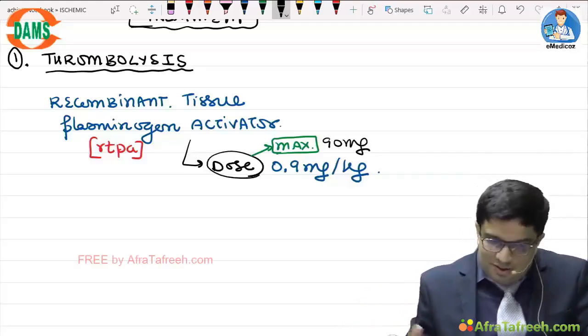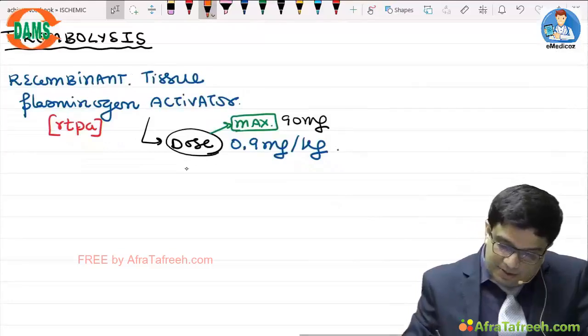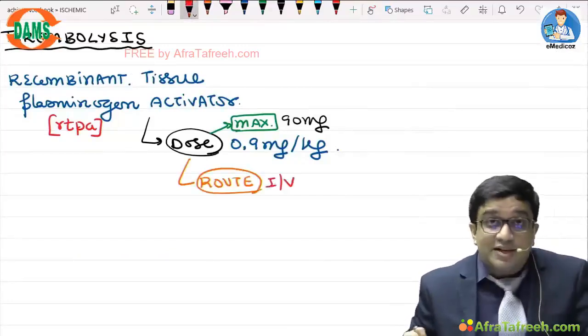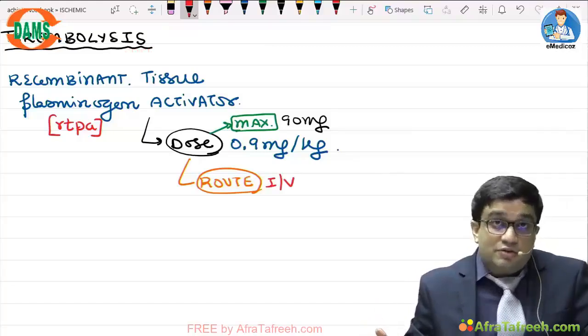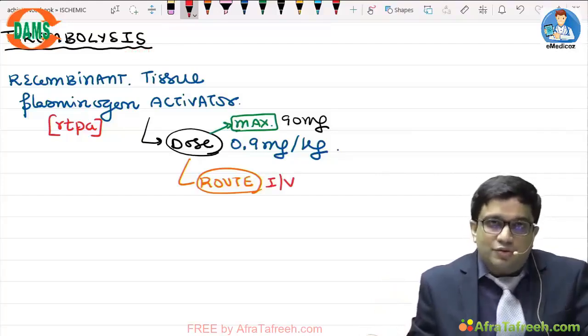Now, whenever you use this drug, the ideal route of administration is considered to be the intravenous route, IV route. Although there are studies done on intra-arterial also, in India, especially nowadays, we often resort to the IV route of infusion.